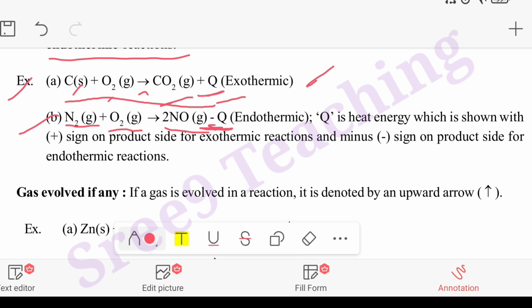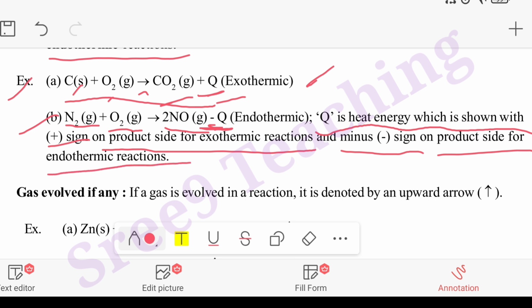So here it is clearly written that Q is heat energy, which is shown with the plus sign on the product side for exothermic reactions and the minus sign on the product side for endothermic reactions. Okay. So these are the reactions depending on the heat, whether heat is released or heat is absorbed.